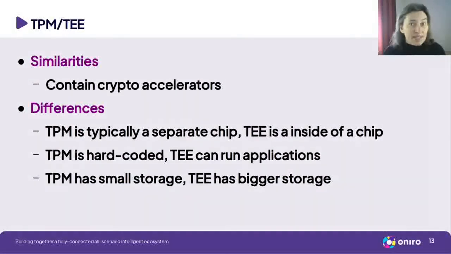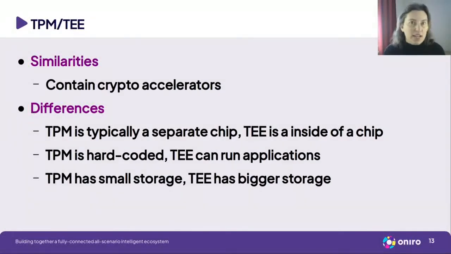What are the similarities and differences between the TPM and TEE? Both of them contain a crypto accelerator, but there are some differences. TPM is typically a separate chip. TEE is typically a part of a chip. But what is more important is that in a TPM, the operations are hard-coded.